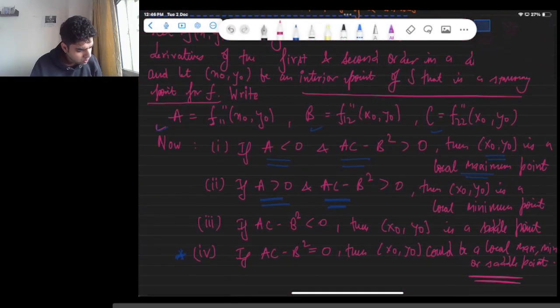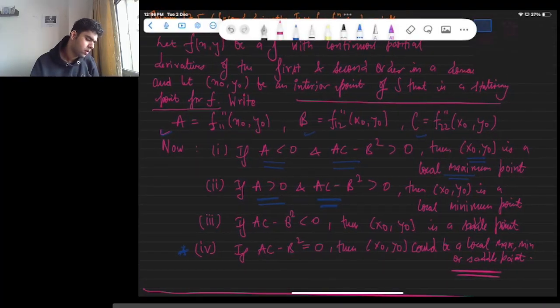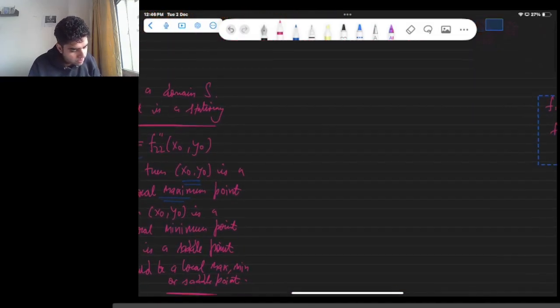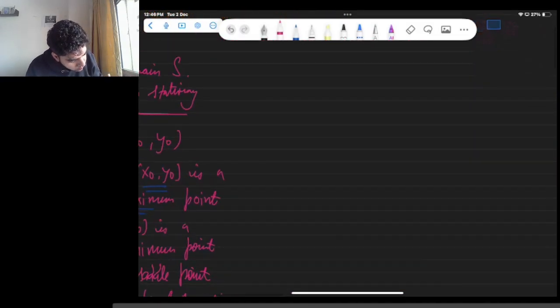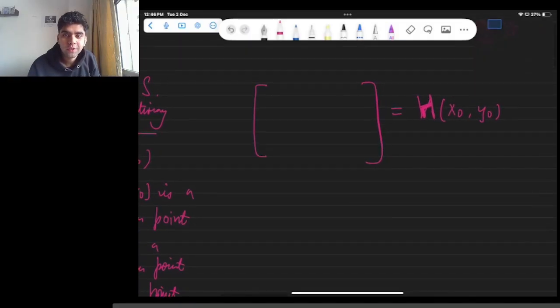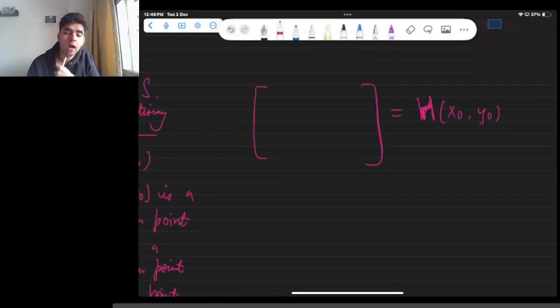So now this question must have come in your mind, that when a is less than 0 and ac minus b square is greater than 0, then (x naught, y naught) is the local maximum point. And why is this happening? This is happening because when I create a Hessian, so this is a Hessian matrix, at (x naught, y naught), right? So this is a Hessian matrix, and now you have to study the book for what Hessian matrix is and how is it created and what are quadratic forms.